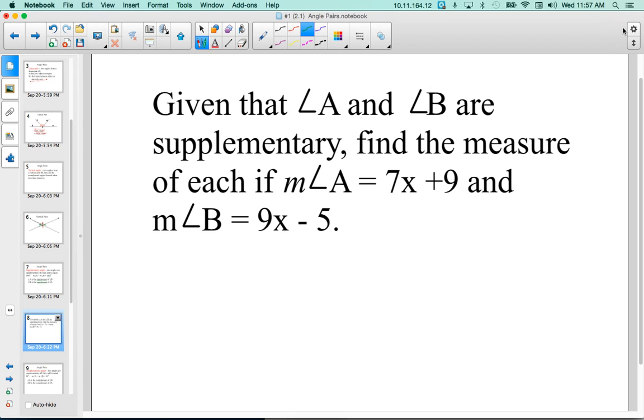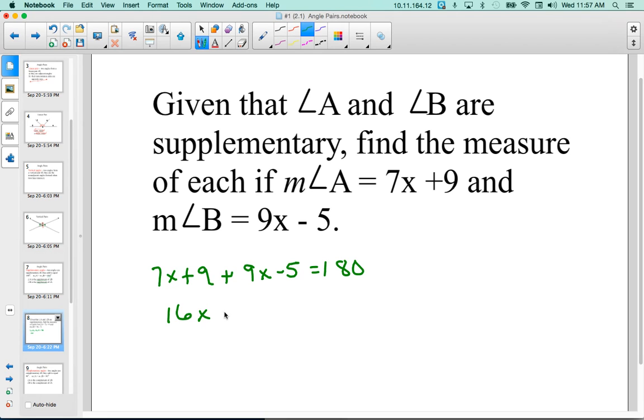So we set up our equation: 7x plus 9 plus 9x minus 5 equals 180. Combine like terms: 7x and 9x is 16x.